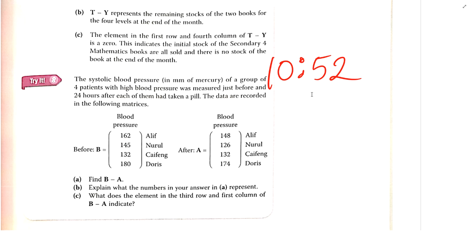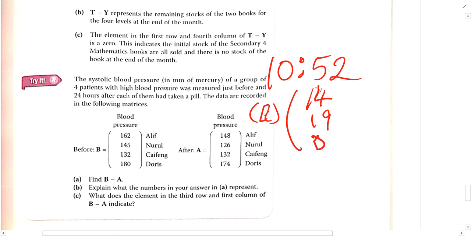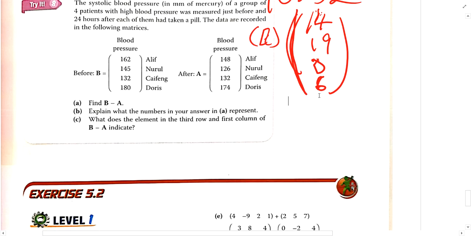Okay, please tell me the results of B minus A first. Okay, how much? 14? 19? 0 and 6. Okay, part B. What do the numbers represent?